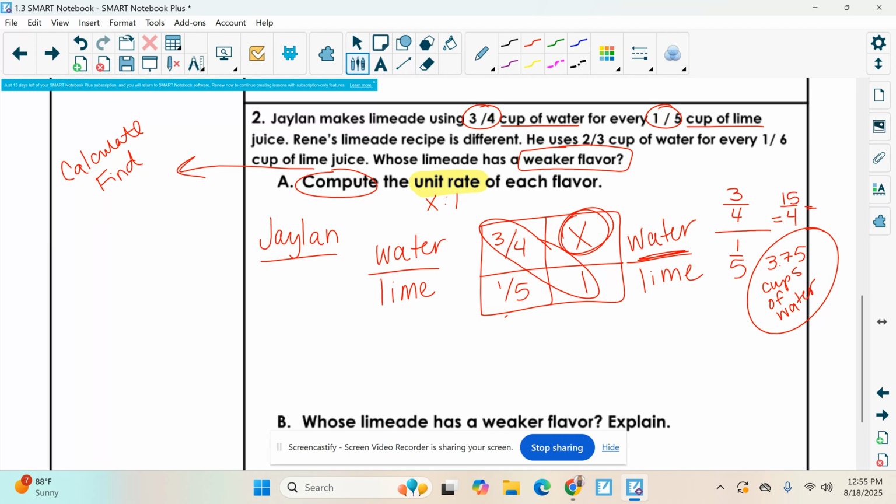Renee. The R one. Does knowing how to say that name matter when I'm figuring this problem out? No. If you can't figure it out, just skip it, okay? We're doing the same. Water over lime.